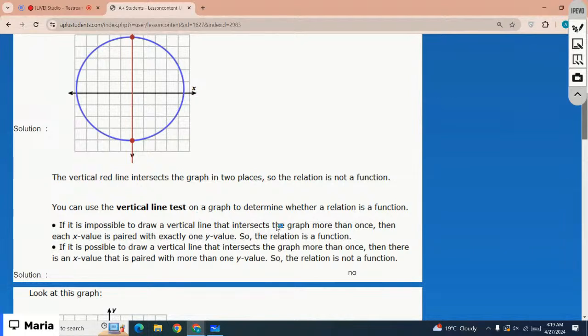If it is impossible to draw a vertical line that intersects the graph more than once, then each x value is paired with exactly one y value, so the relation is a function. If it is possible to draw a vertical line that intersects the graph more than once, then there is an x value that is paired with more than one y value, so the relation is not a function, right?